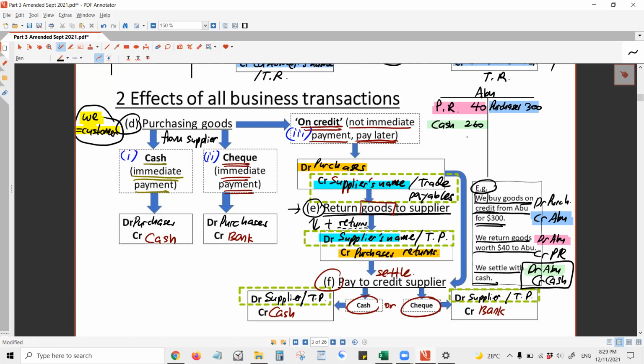Write cash. Do we still owe Abu money? No. When you notice that both the debit and credit side have the same totals, it means that there's no outstanding amount owed. Everything has been settled. Then you can total up both sides to be the same amount, 300. Okay, finish.